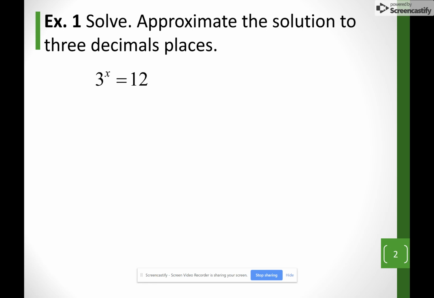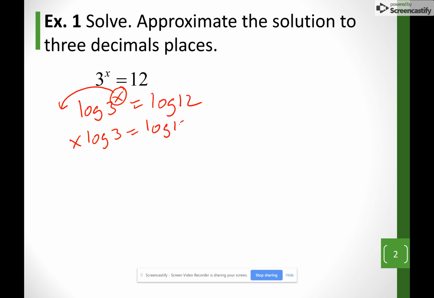So one thing that I can do is I can use the log of both sides. I can say that log of 3 to the x is equal to the log of 12. And the reason why I did that, because we learned that on logs, the exponent comes to the front. So I have that x times log of 3 is equal to log of 12.